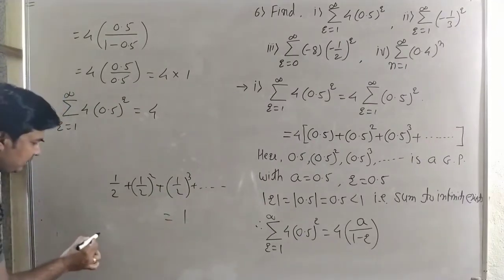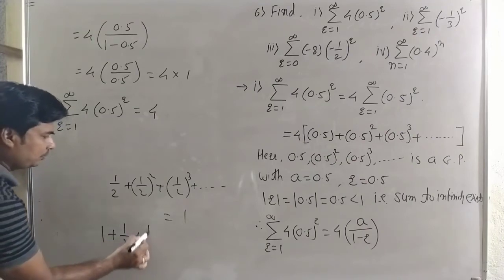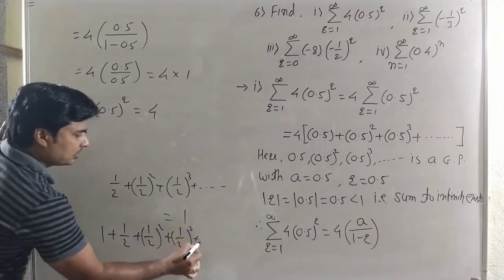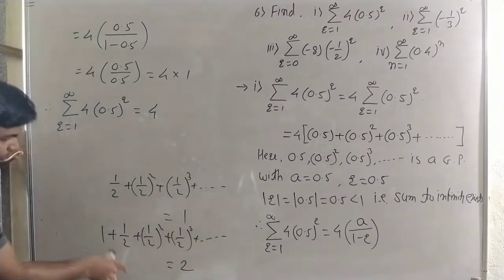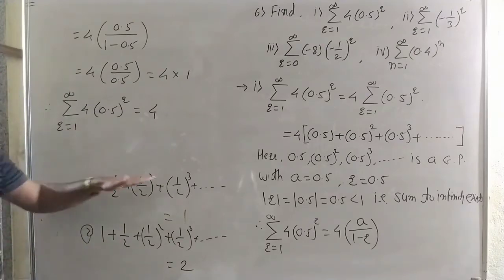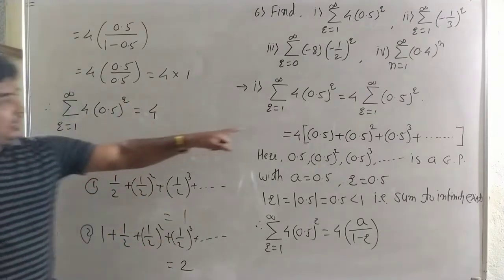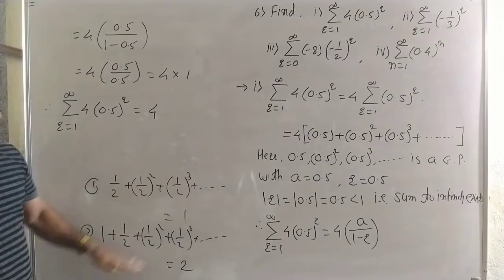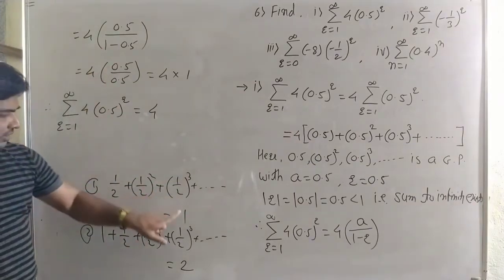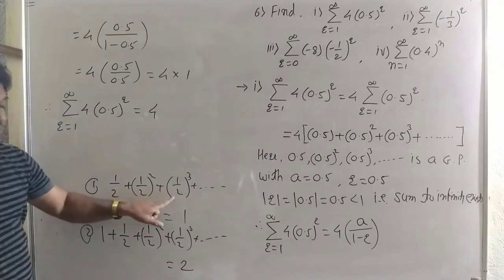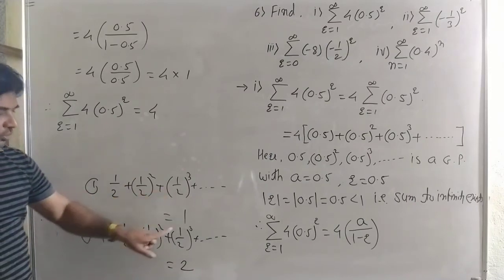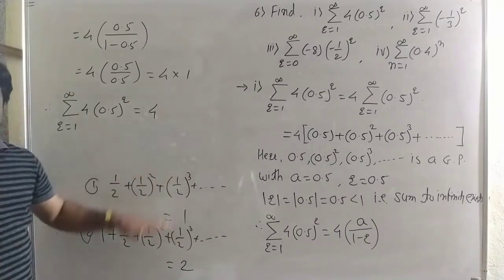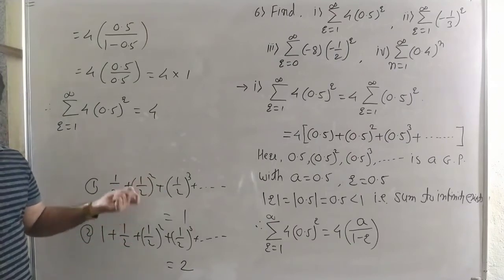Also we took one more example, 1 plus 1 by 2 plus 1 by 2 square plus 1 by 2 cube and so on, and the answer of this question is 2. Both the examples we have done in our last lecture. It is the same, but here 1 by 2 can be written in the form of 0.5. The question is the same, so the answers are 1 and 2.